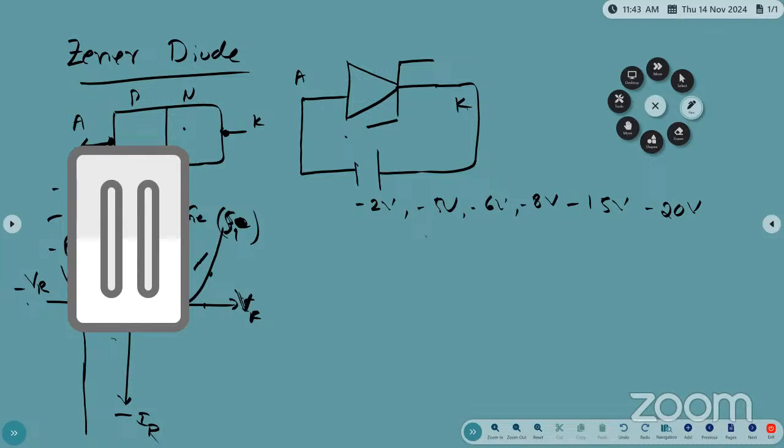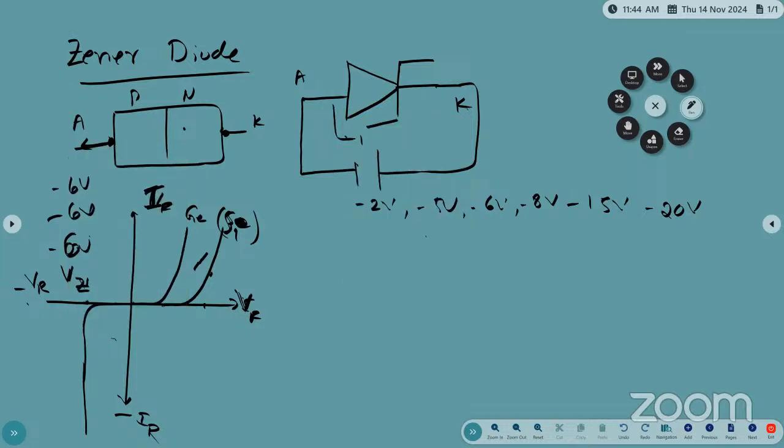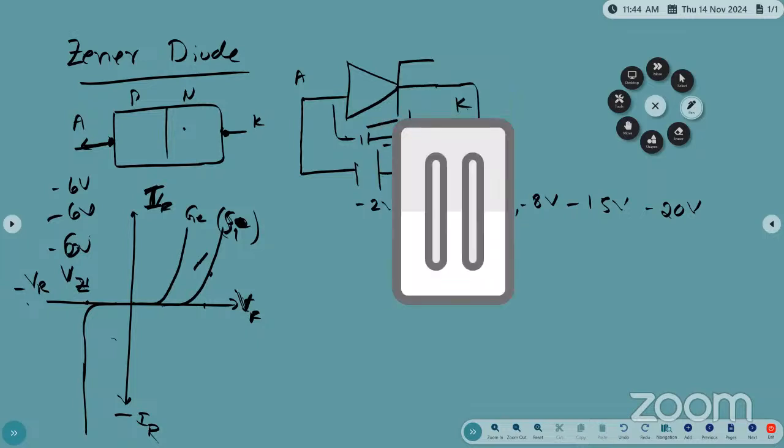So to measure the current you can connect the ammeter, that is called the meter, ammeter, connected in series. And if you want to measure the voltage, you connect in parallel, voltage across parallel. So now if you increase the reverse voltage, the voltage across this diode is minus 6.